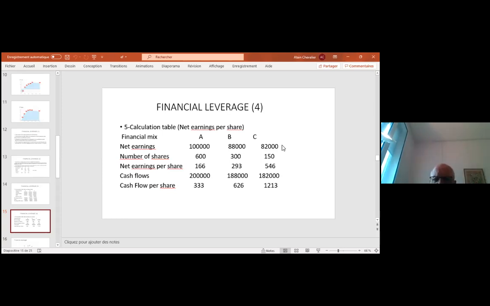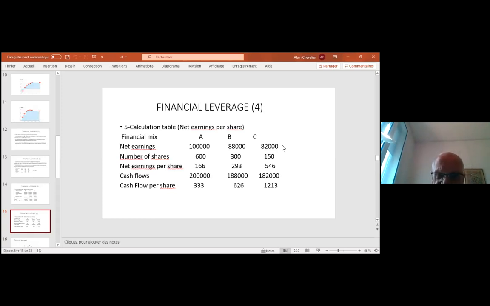We know the number of new shares issued in each case: 600 in case A, 300 in case B, 150 in case C. 600, 300, and 150. That's what we find. So you just make a division.